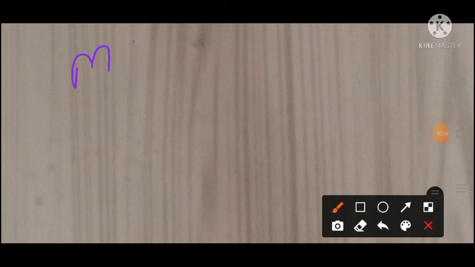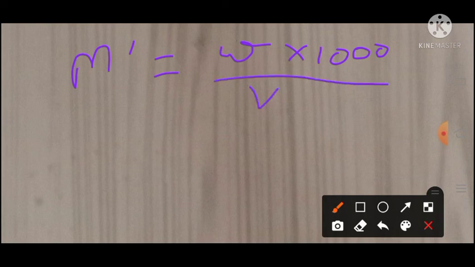The formula for molarity equals weight of solute, and if volume is given in milliliter or centimeter cube, then multiplied by 1000, divided by volume of solution into molar mass of solute.